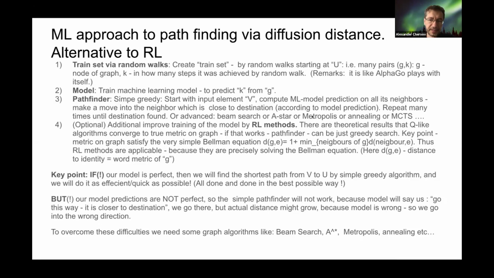Another thing, we have tried the Metropolis algorithm, but it was not successful. First we tried Metropolis, then we changed to beam search, and wow, it works. For Metropolis, it didn't work. Do you understand why? Well, Metropolis is something more subtle.